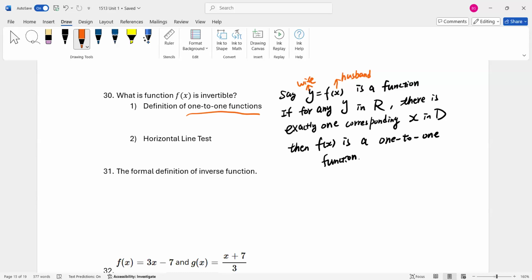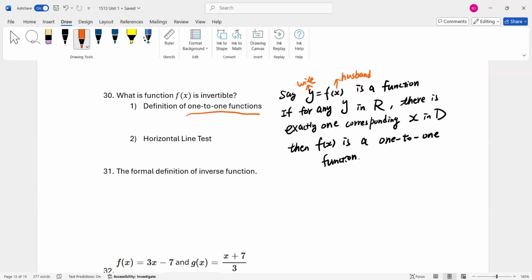So the name exactly describes it. Is that clear, guys? Not only for any input is there only one corresponding output, but for any output, there's only one input as well.